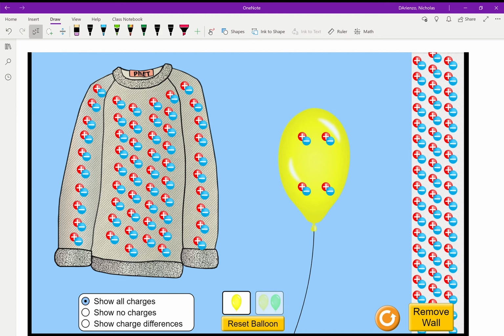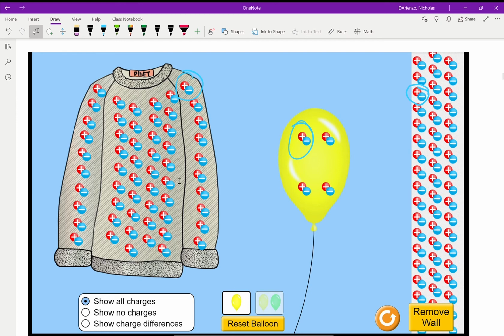So for each positive charge, we have a negative charge, and we can see that each one is paired up, whether we're referring to the wall, the balloon, or the sweater. Everything here has a paired up proton and electron and is considered neutral.